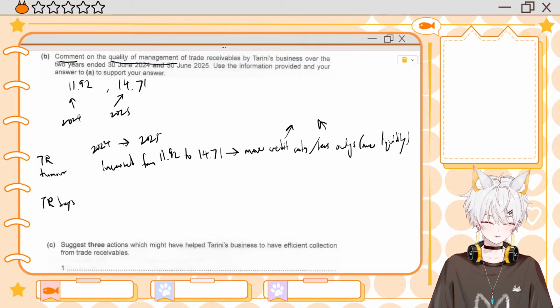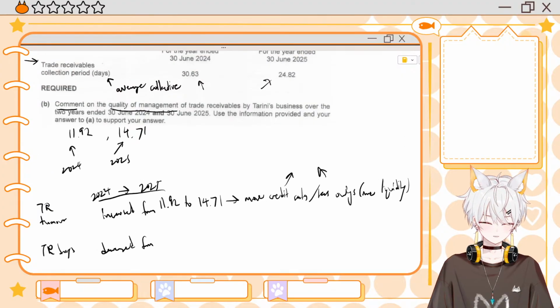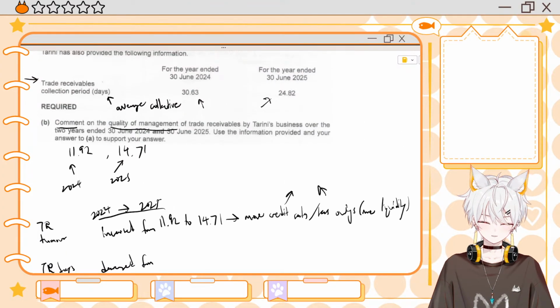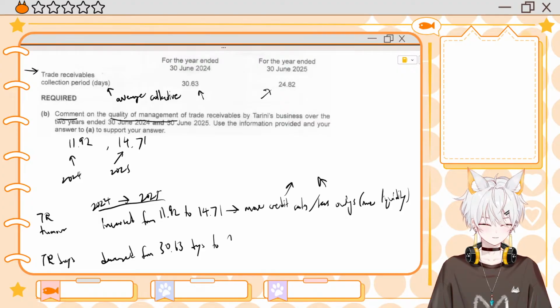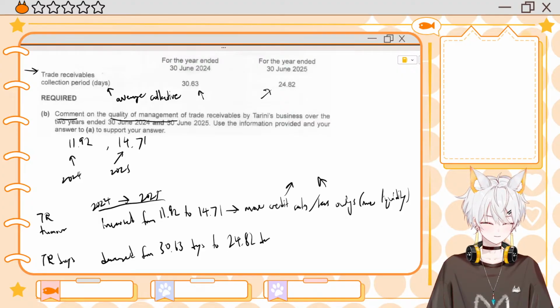Okay, same header, 2024 to 2025, decreased from how much to how much? 30.63 days to 24.82 days. Sorry about that. 24.82 days, right?